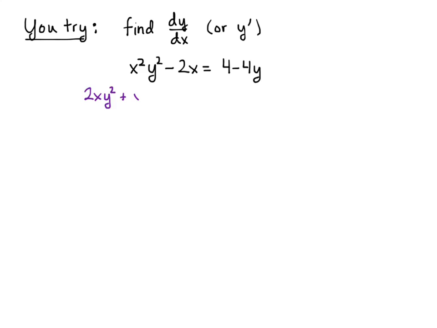And then we add that to x squared times the derivative of y squared, which is 2y y prime. And then the derivative of negative 2x is just negative 2. The derivative of 4 is 0. The derivative of negative 4y is negative 4y prime.